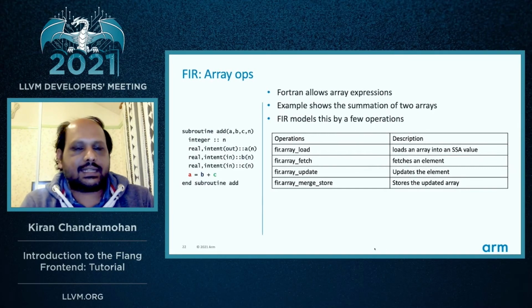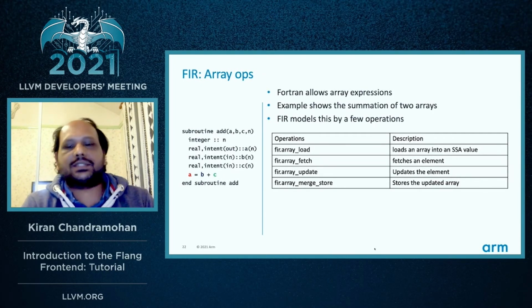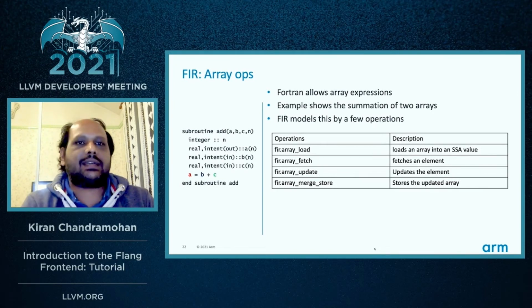Array load, which loads an entire array into an SSA value. Array fetch, which fetches a particular element from that SSA value. Array update, which updates a given SSA value with some particular value in a location and produces a new value.